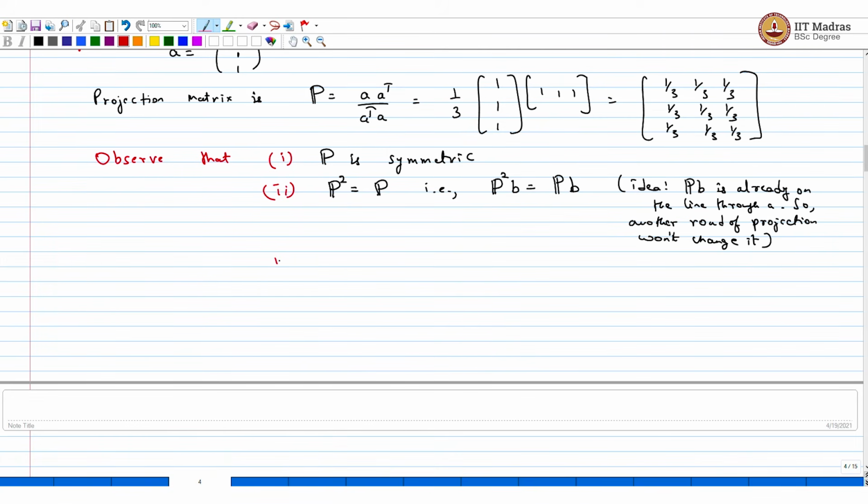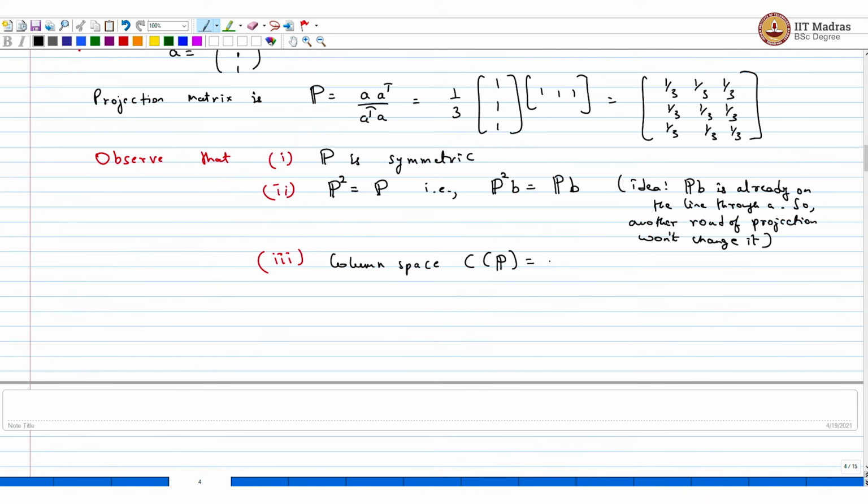Third thing, what is the column space C of P?